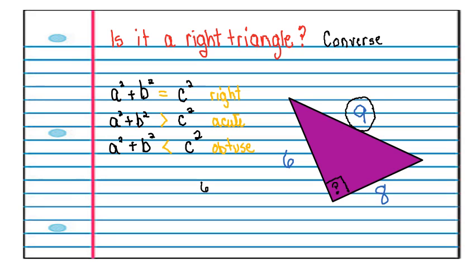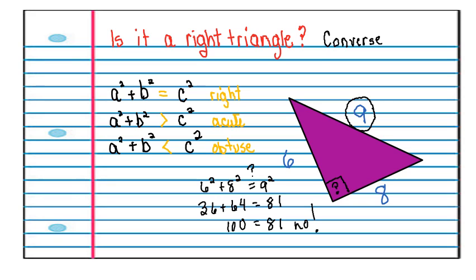So I'm going to check to see if 6 squared plus 8 squared equals the 9 squared. All right, so we have 36 plus the 64, and does that equal 81? Does 100 equal 81? Well, no. So I don't have a right triangle.